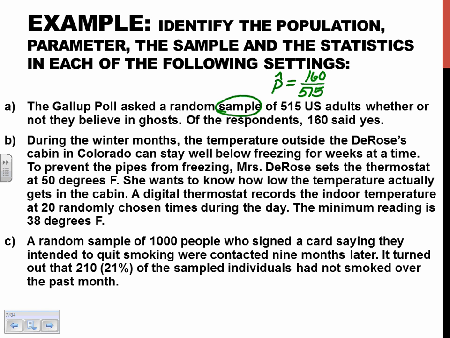So what are we doing? Well, the population here would be the entire winter months, so all the time, constantly. And the sample is those 20 readings.